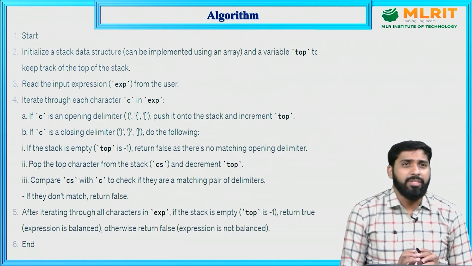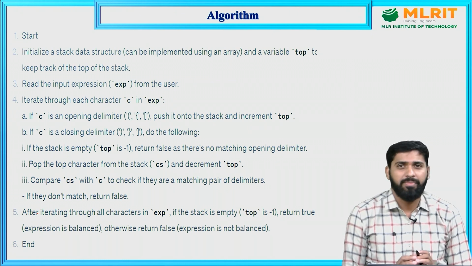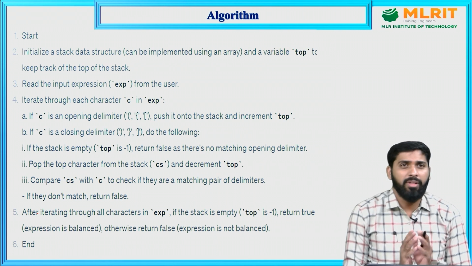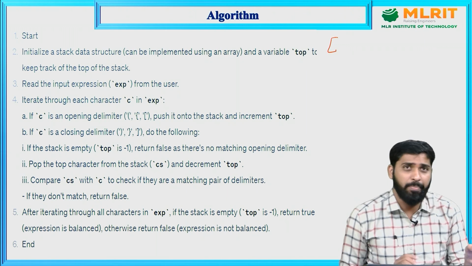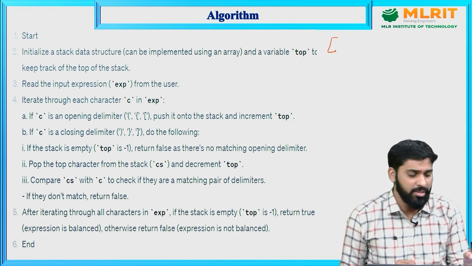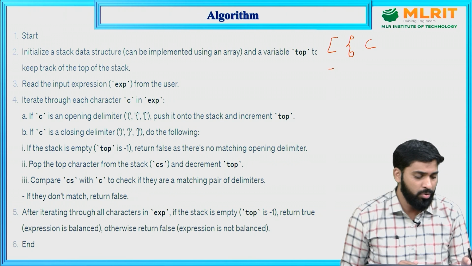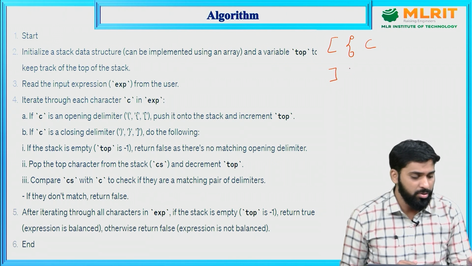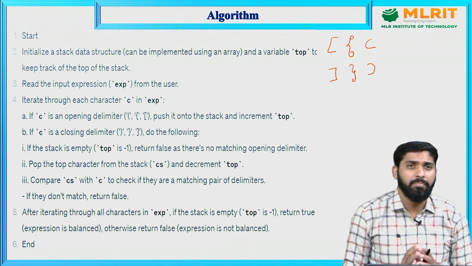Now we see how we solve this balanced delimiter problem using a stack. Remember one thing: in the expression we have 6 types of characters. One is the square bracket, curly bracket, normal bracket, and the other 3 are the closing square bracket, closing curly bracket and closing normal bracket. These are the 6 symbols we have.